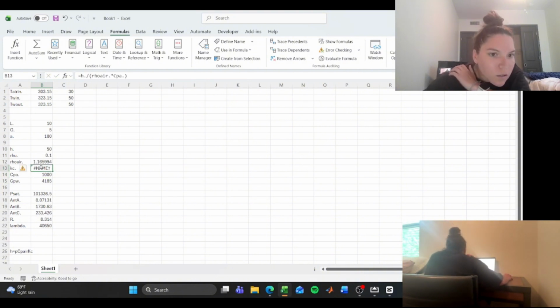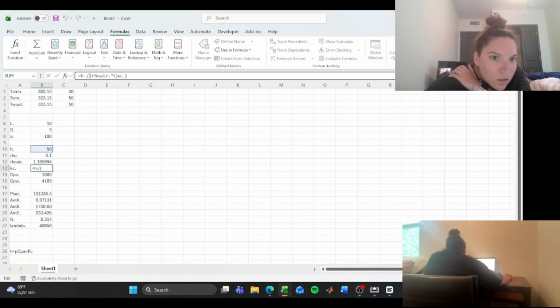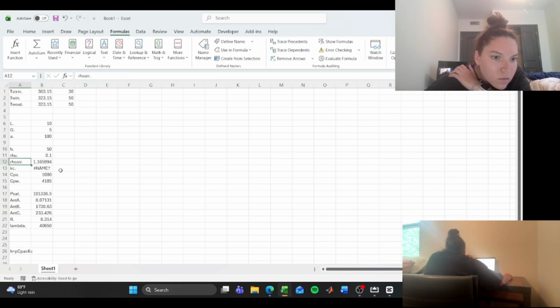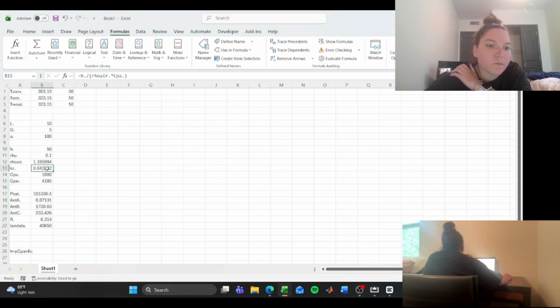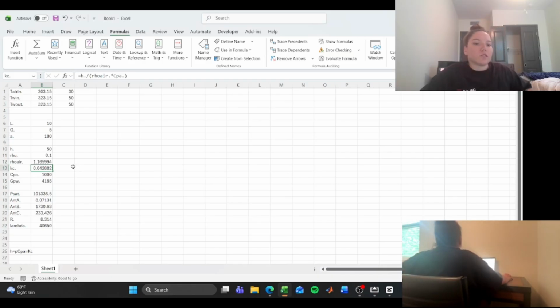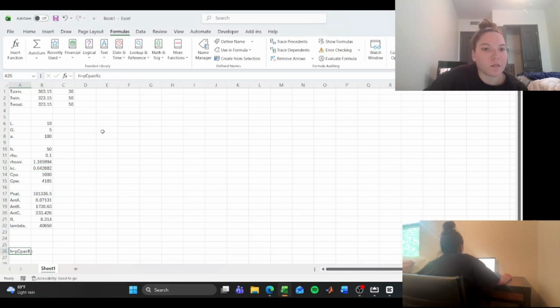Let me make sure that these are named. There we go. Okay, so that's our mass transfer coefficient.